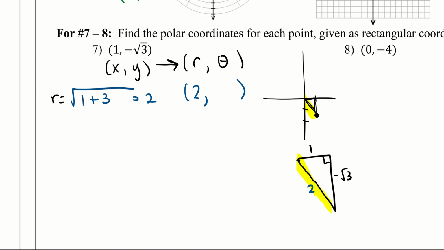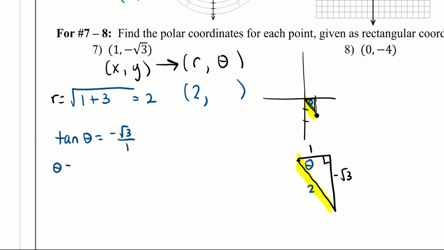And then to find out what theta is, I know that the tangent of theta, if theta is right here, would be in that triangle the y over the x.